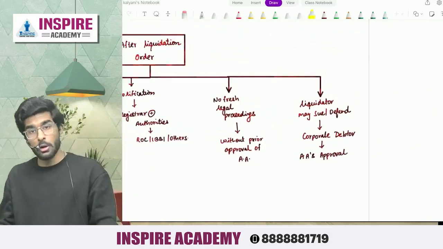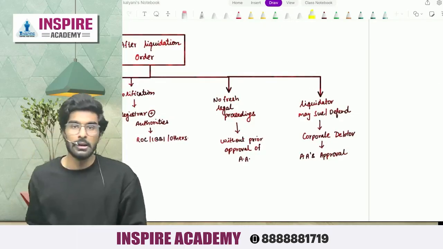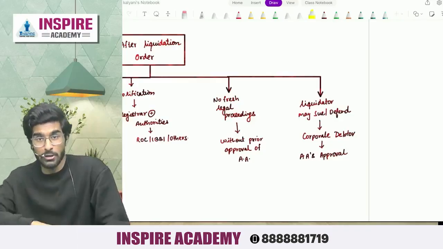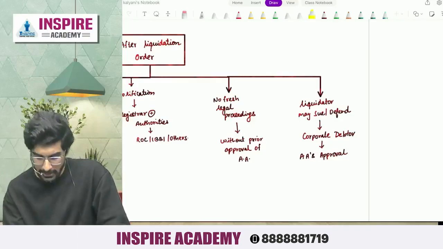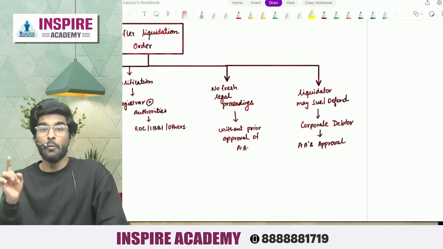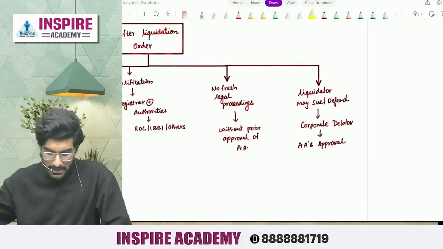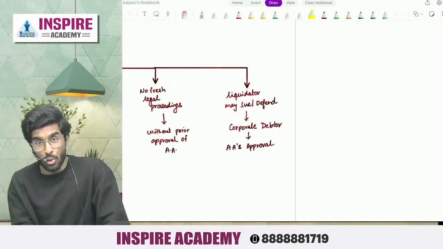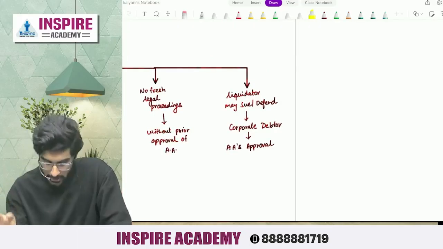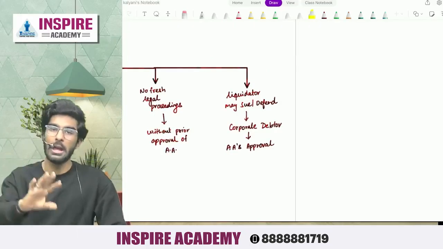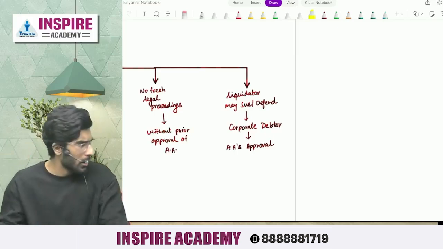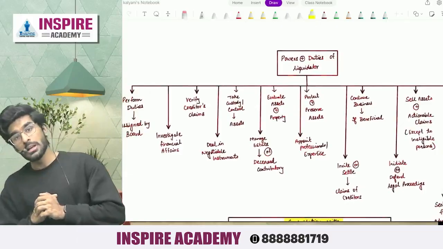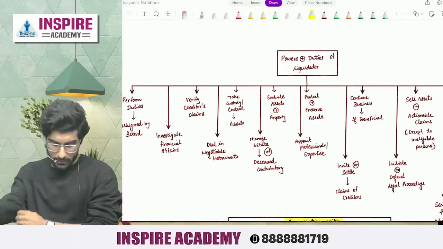Next is, now that NCLT has started insolvency, no new proceedings can be initiated by the corporator or can be filed against the corporate debtor without prior approval of NCLT. Next people, last is liquidator can sue, liquidator can defend the corporator provided they have got NCLT's approval. Very, very easy.